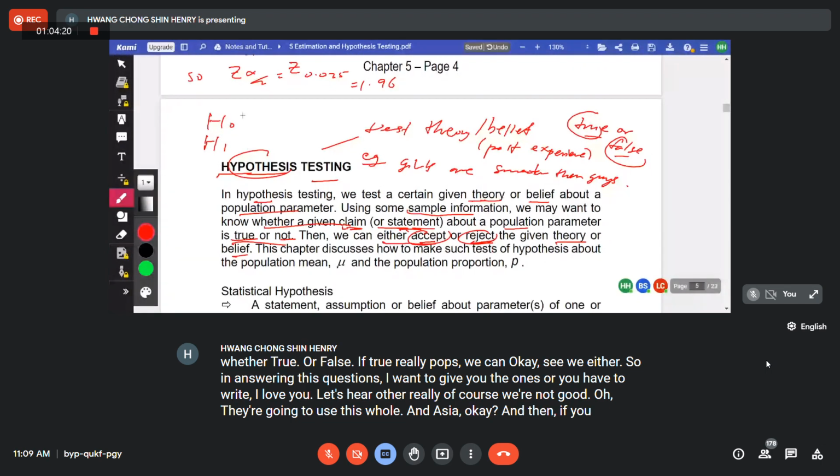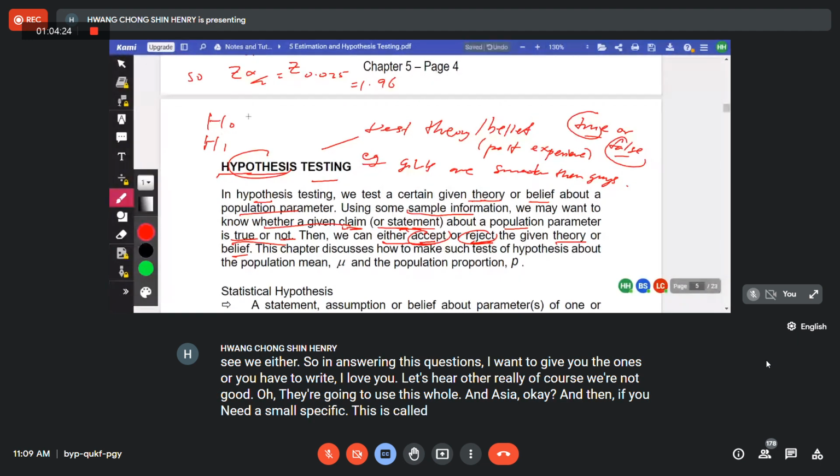I explain to you. H, see the small zero there. This is called the null hypothesis. This is called the alternate hypothesis. You will see the spelling later on.